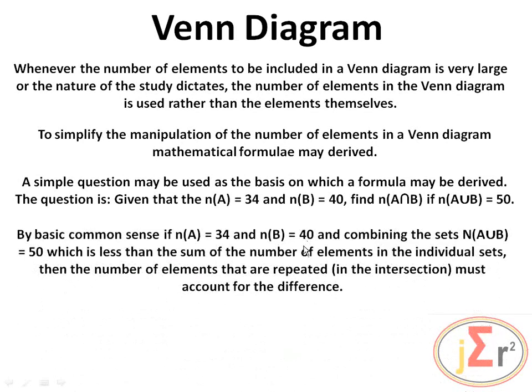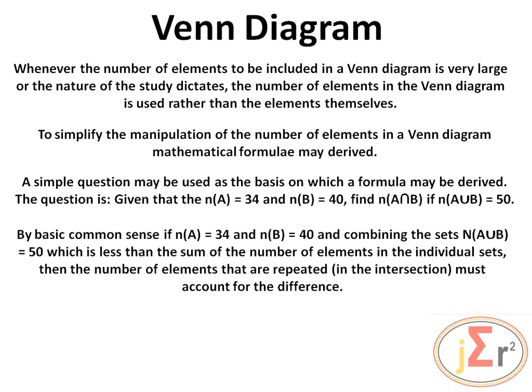By basic common sense, if n(A) is 34 and n(B) is 40, and combining the sets, n(A union B) is equal to 50, which is less than the sum of the number of elements in the individual sets, then the number of elements that are repeated, that is, those in the intersection, must account for the difference.